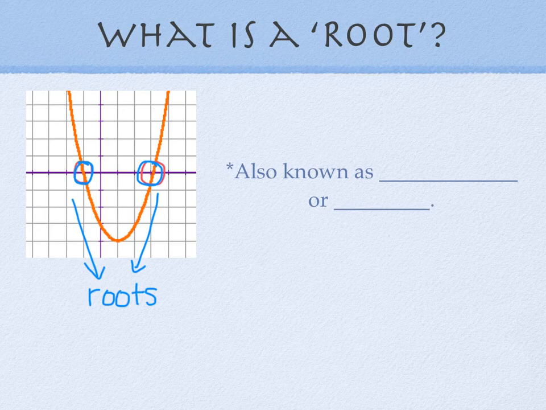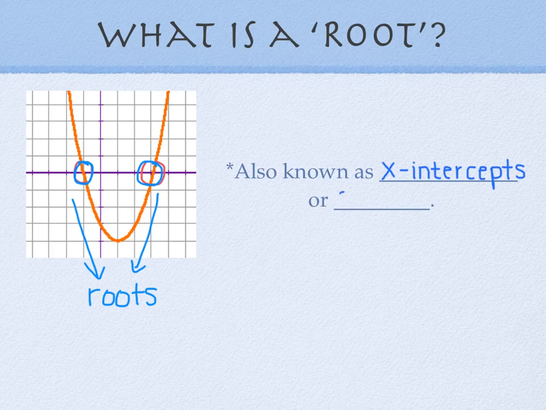Now those should look familiar to you because we've been doing graphing all year and we've talked about these points before. Notice the roots are the place where this parabola crosses the x-axis. So if it's the place where it crosses the x-axis, we could also call them x-intercepts. Okay, so roots is just a fancy name for the x-intercepts of one of these graphs.